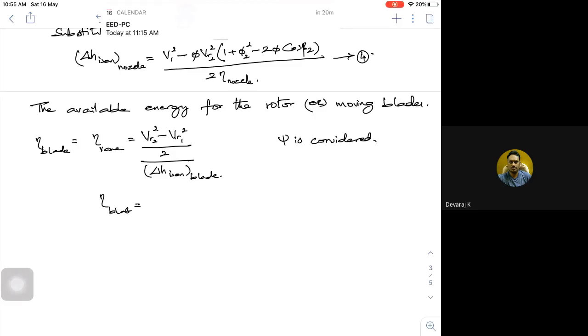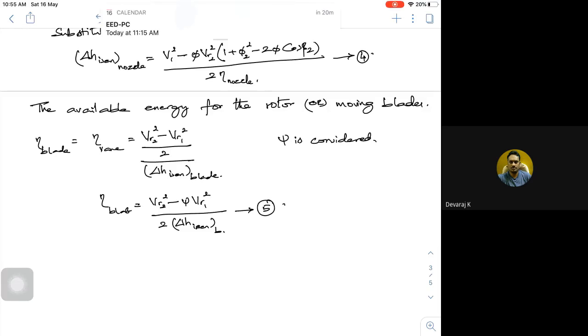Then the efficiency is VR2 square minus psi into VR1 square divided by 2 into delta H isentropic for the blade. Let me call B for the blade and N for the nozzle. This is your efficiency. Let me call this equation number 5.